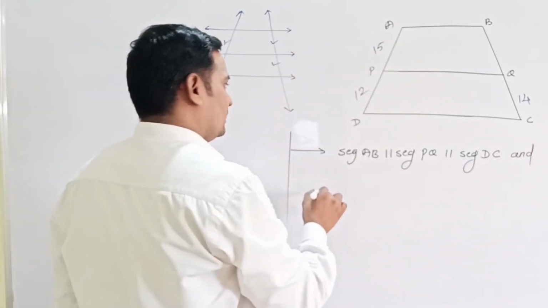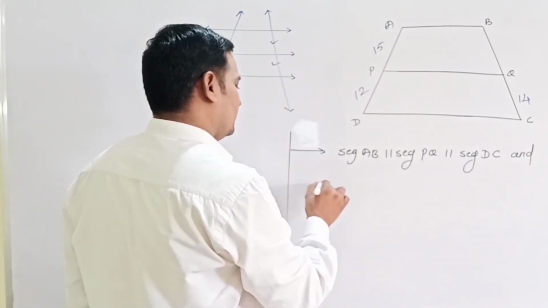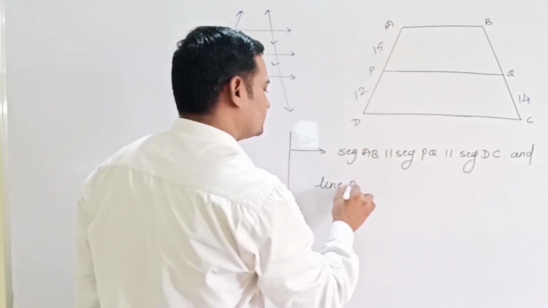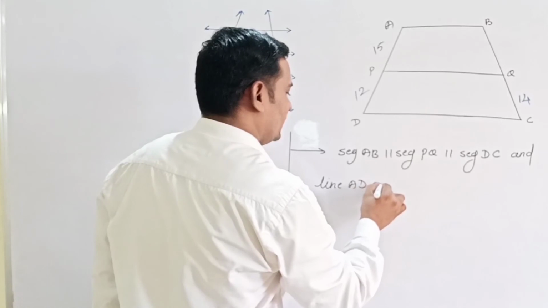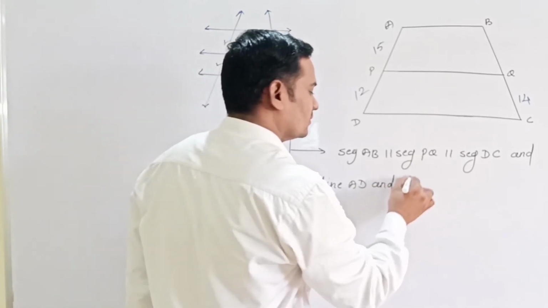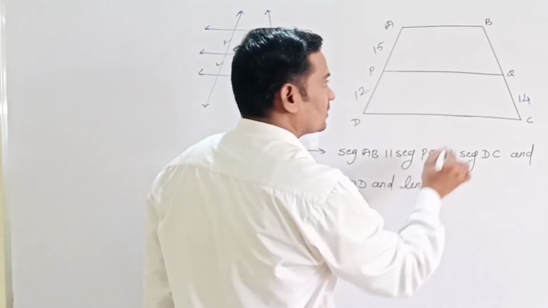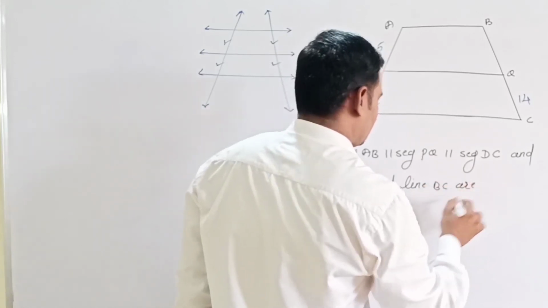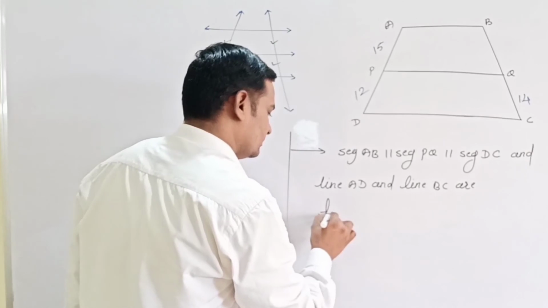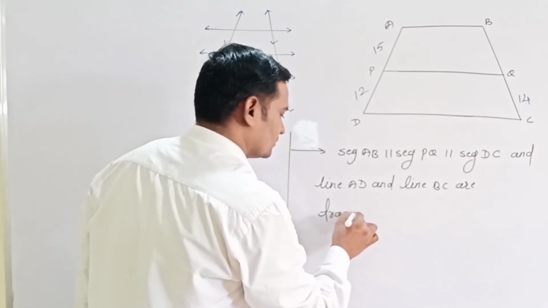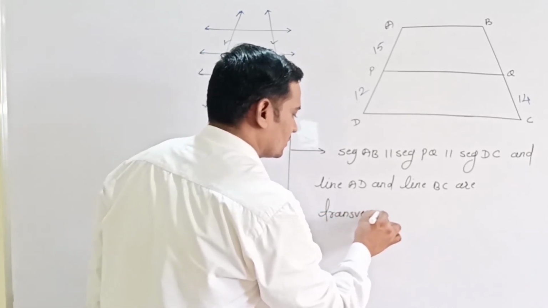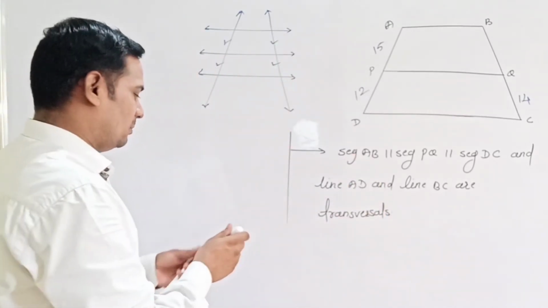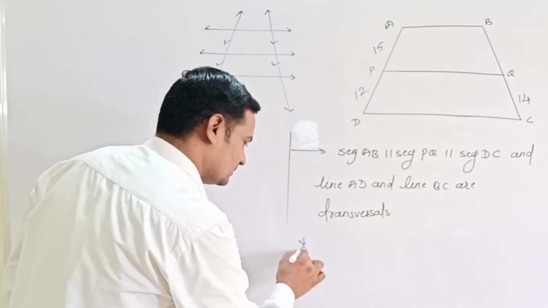Suppose that line, which line? Line AD and line BC are transversals. Are the transversals.